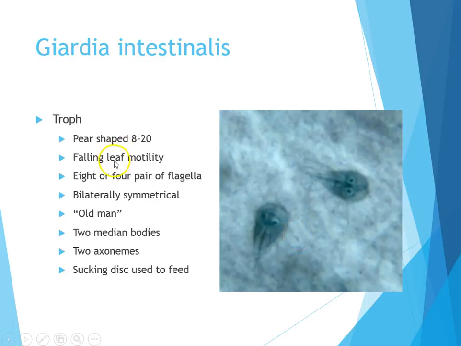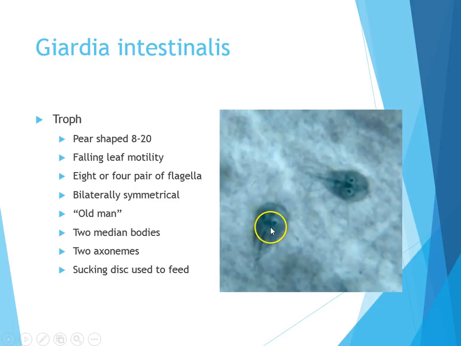It has a falling leaf motility, which would be seen in a direct wet mount. They have 8 flagella or 4 pair. They are bilaterally symmetrical. So that means, if you were to draw a line down the center of these parasites, it looks exactly the same on both sides.